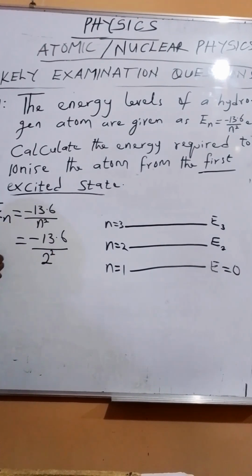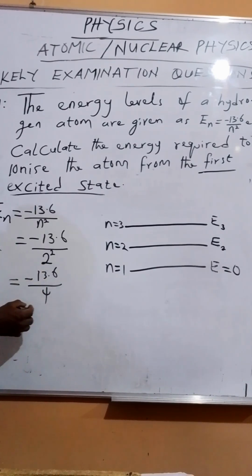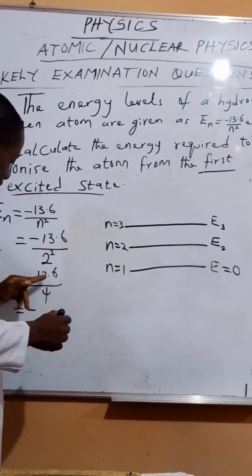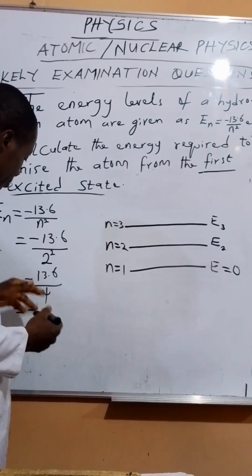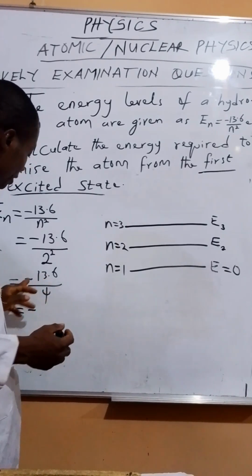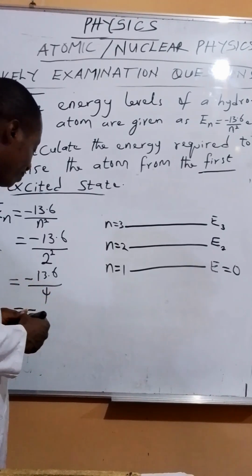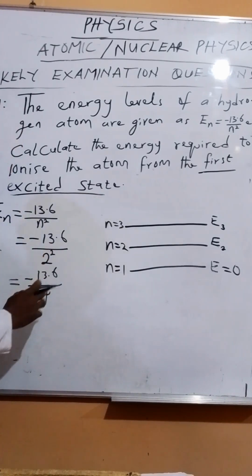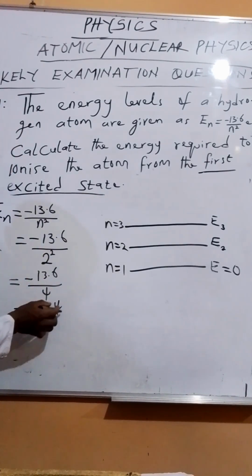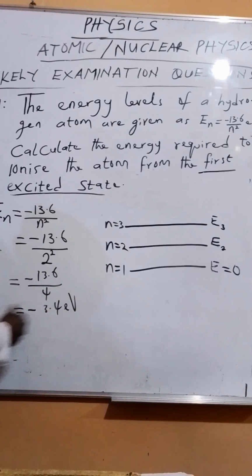Here our n is 2. This gives us minus 13.6 over 4. And when we divide 13.6 by 4, the answer is 3.4 electron volt. So this is E2.